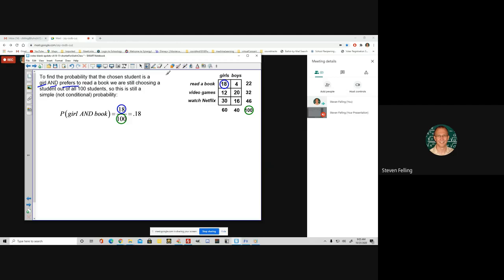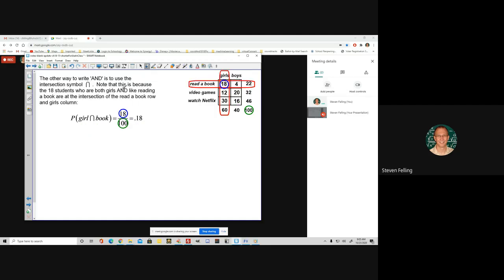And that means we would be taking out of the entire sample space, which is all 100 students, we would have to look for all the people that are both girls and they also read a book. And that would be this 18 students here. So it's 18 out of 100, or 18%. And we know for sure that's correct. But it would be interesting to see if we could deal with the probability of girl and the probability of book separately and combine them in some way to get this, okay?